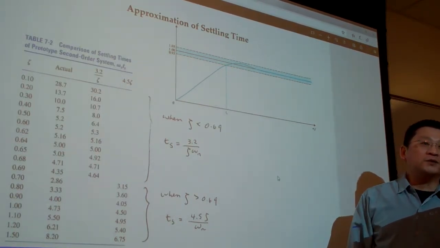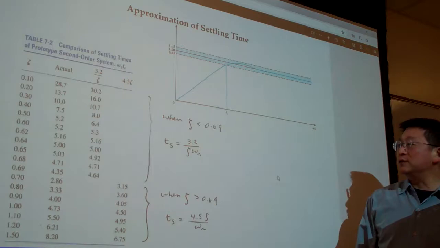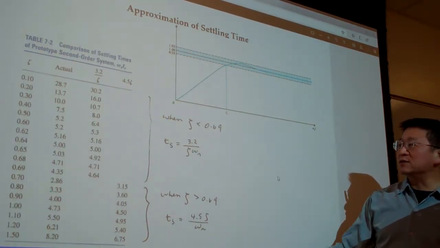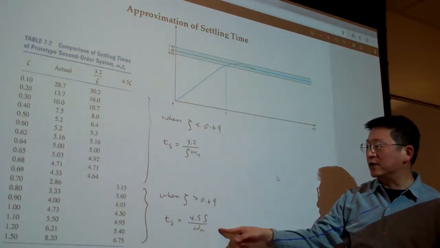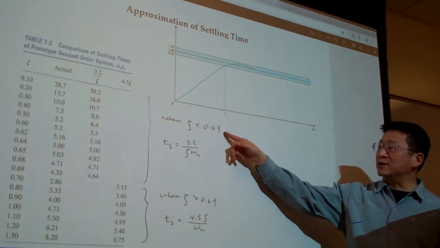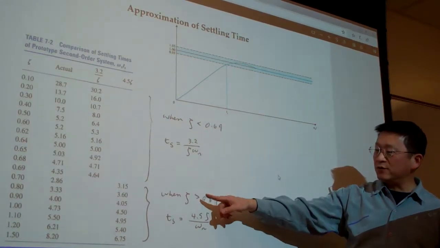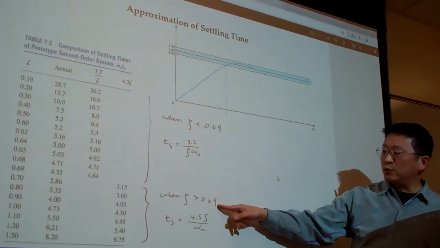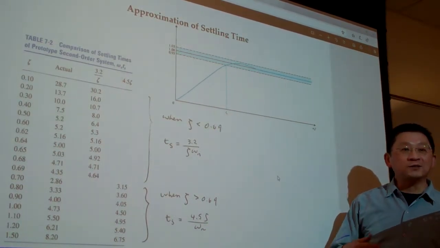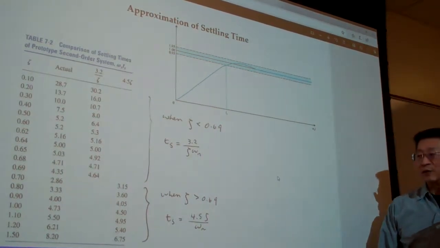Okay, so in short, you can say that the settling time has two cases. You simply write down this result in your lecture notes. Okay, two cases: when the damping ratio is less than this, that is this formula. When the damping ratio is greater than 0.69, then that is this. Okay, so that is the quickest summary for this one.